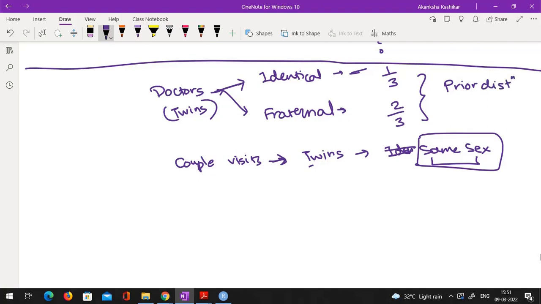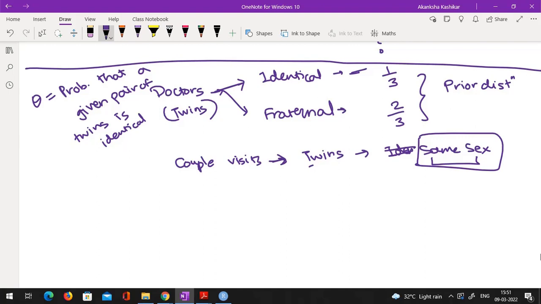Doctors have this prior knowledge, so let us say that theta is the probability that a given pair of twins is identical. So we know that the prior distribution is this.